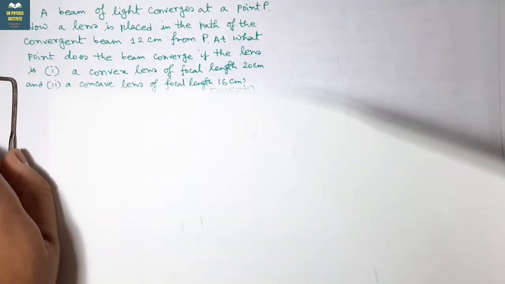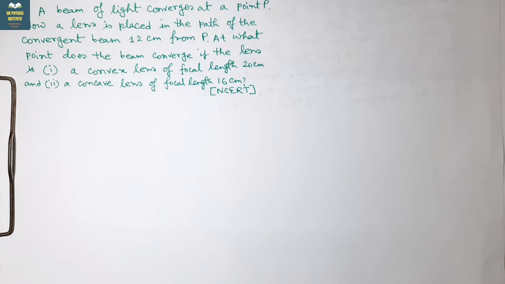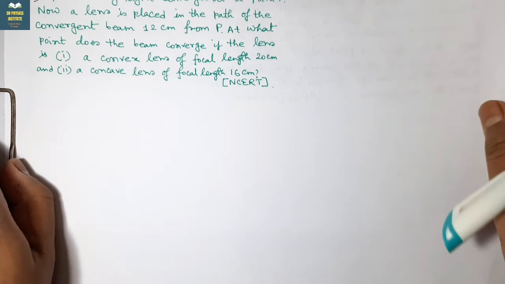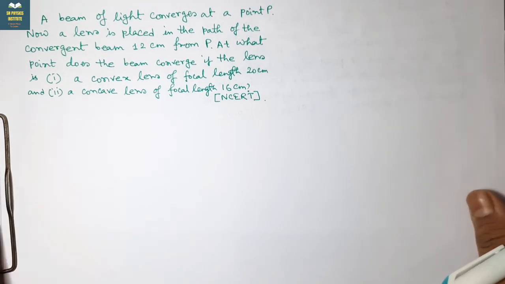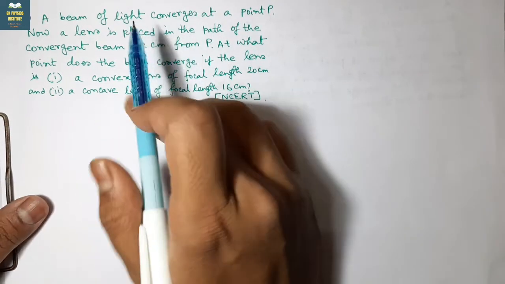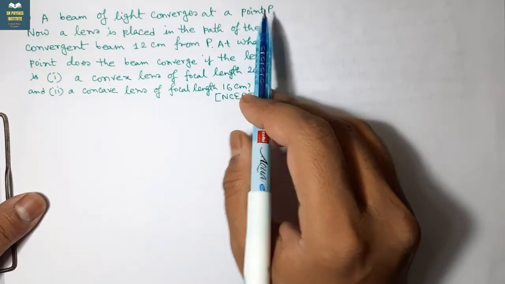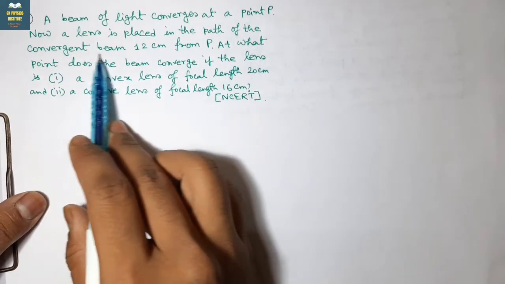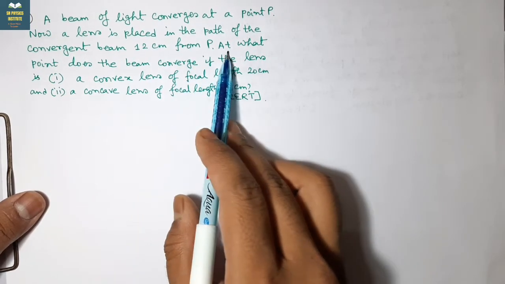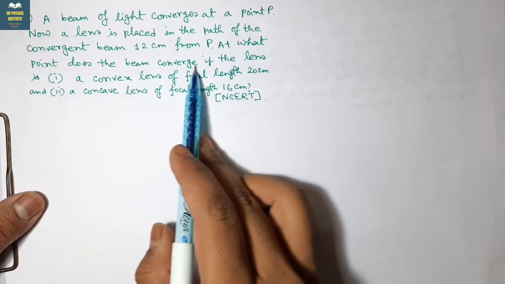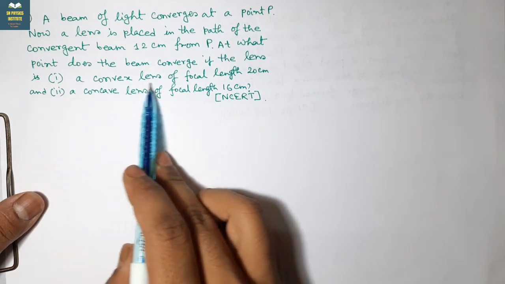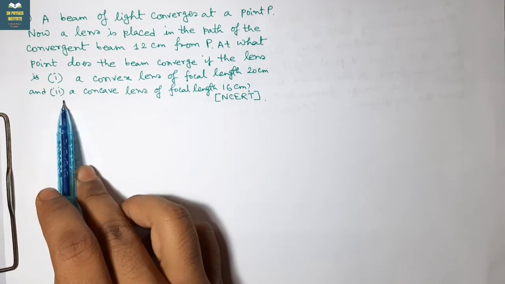So let's talk about the next problem. See, this is your next problem. A beam of light converges at a point P. Now a lens is placed in the path of the convergent beam 12 centimeter from P. At what point does the beam converge if the lens is, first, a convex lens of focal length 20 centimeter, second, and so on.